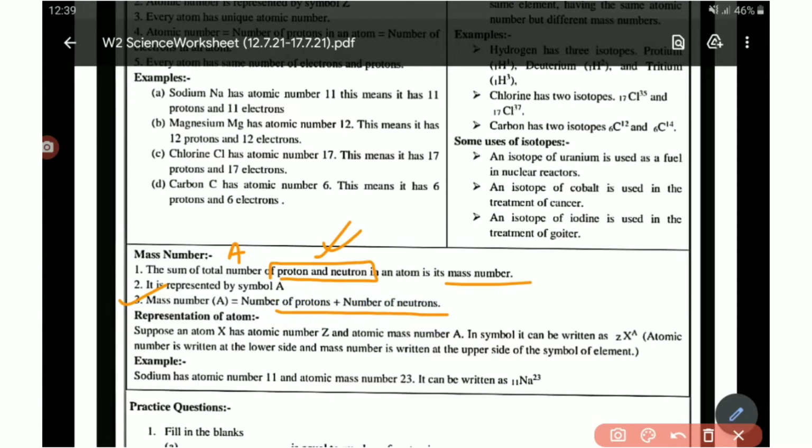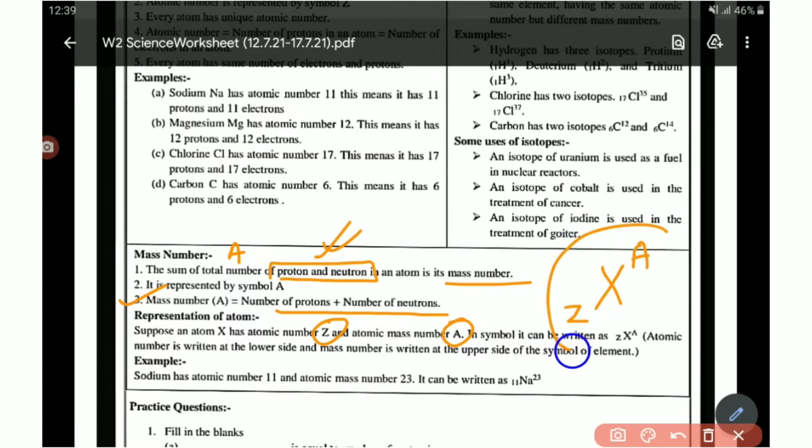Now how do you represent an atom? Scientifically, how are you going to represent an atom? For example, there is an atom X whose atomic number is Z and mass number is A. So how do you represent it? What you do is, in the subscript you write down the atomic number, that is Z, and you write down the mass number as the superscript.